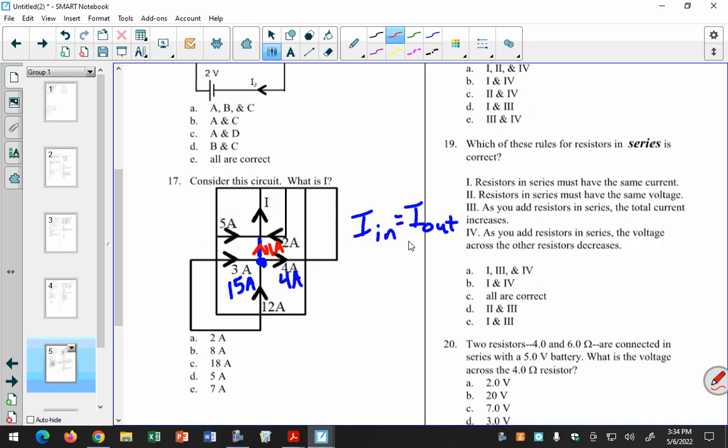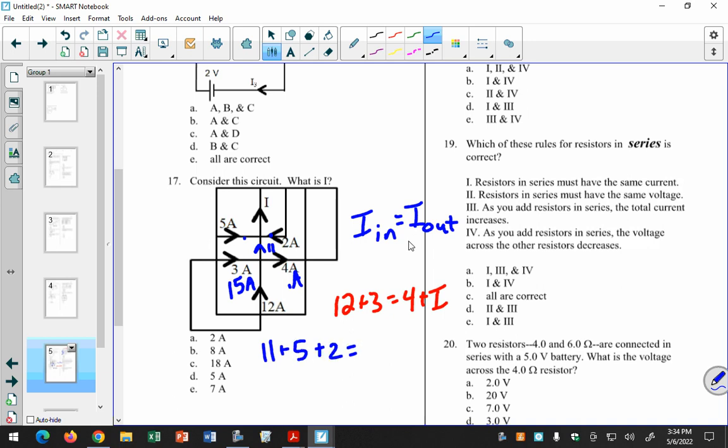Right, because I have 12 and 3 makes 15 amps going in. I have 12 plus 3 is equal to the 4 that's going out plus that current that I don't know. And so that has to be 11 amps. Then, if I look at this junction up here, I have 11 amps going in, and I have 5 and 2 amps going in, so I have 11 plus 5 plus 2.